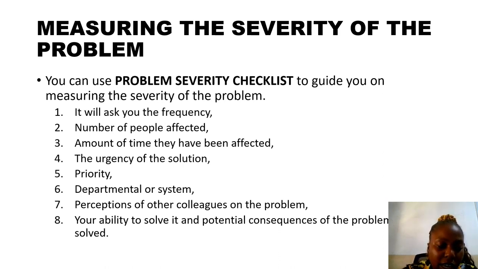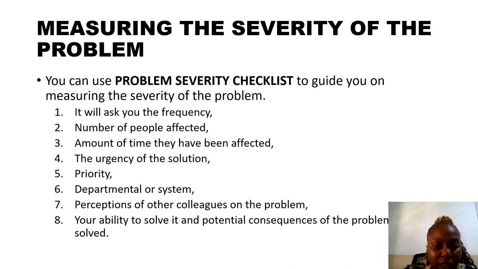First you highlight your problem and then you look at that document to guide you on the severity. Some of the aspects the document looks at are: one, how frequent is the problem, the number of people affected, the amount of time they've been affected, and the urgency of the solution, like is it needed now or a few months later.